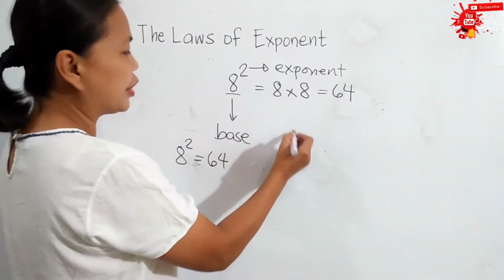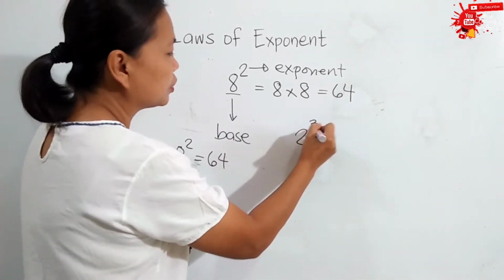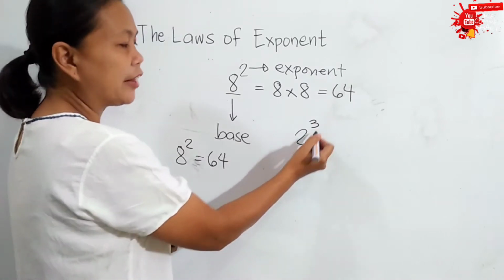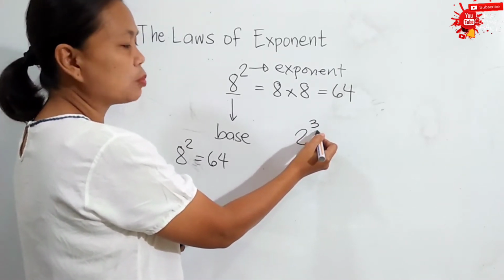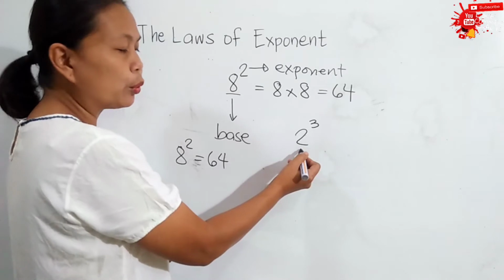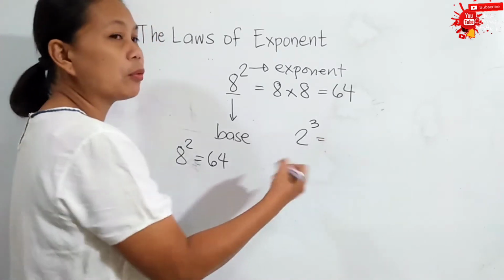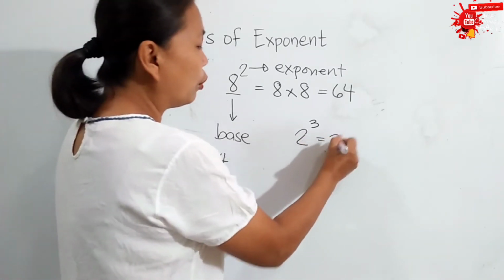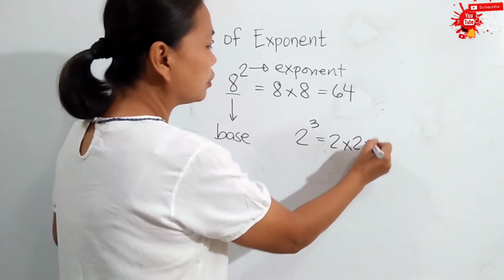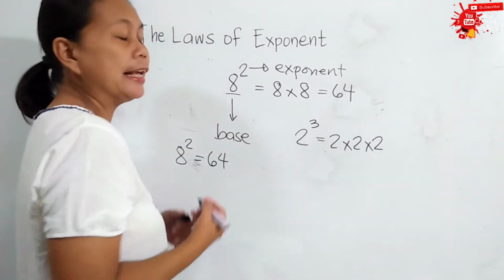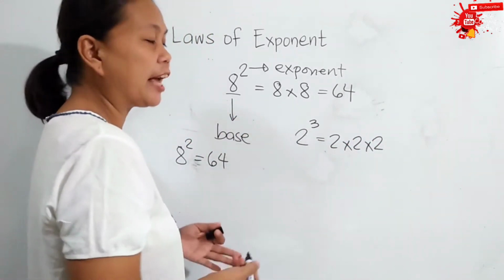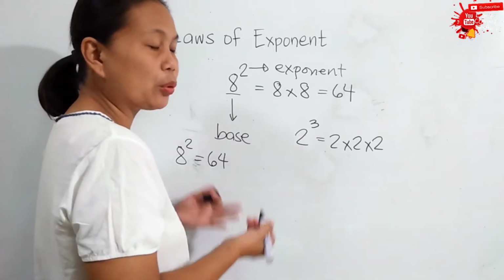Now let's have some additional examples. Let's say we have here 2 cubed. So 2 will be our base and 3 will be our exponent. This is read as 2 cubed, and 2 cubed is equal to 2 times 2 times 2. The exponent tells how many times we're going to multiply the base to itself.